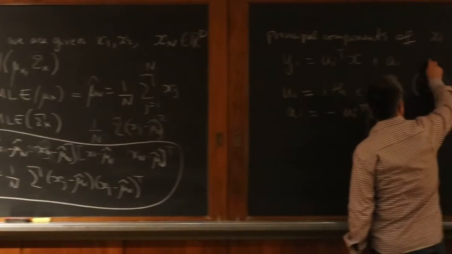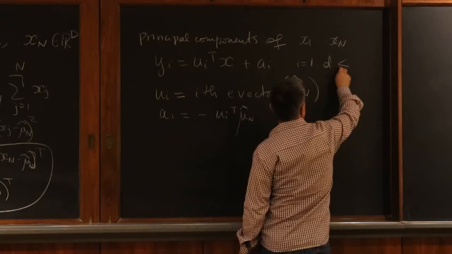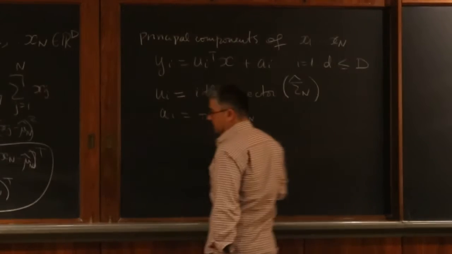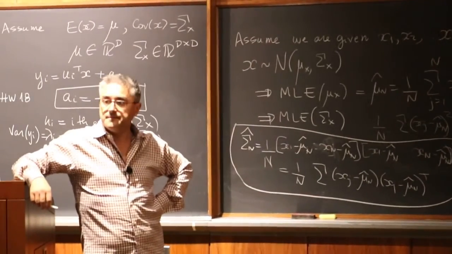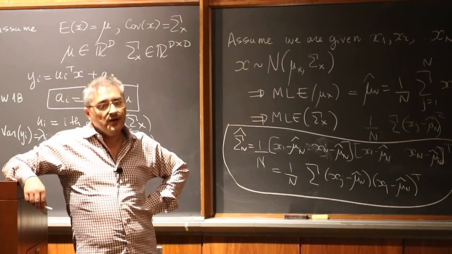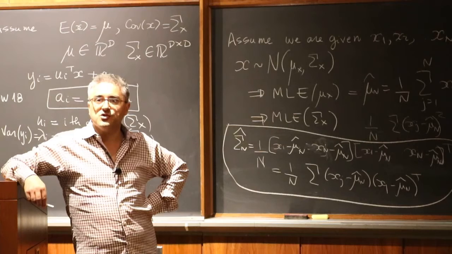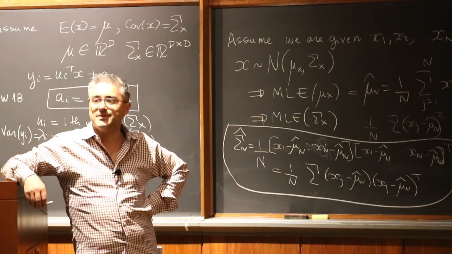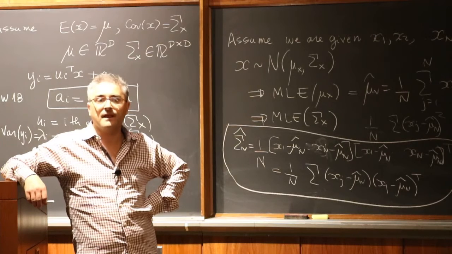Again, this is i equals 1 to d, and this could be potentially much smaller than capital D. Okay, so now I have an algorithm that you can implement in a computer. Agreed? So now I'm going to give you images to do this. What is the D in that case, if every data point is an image?